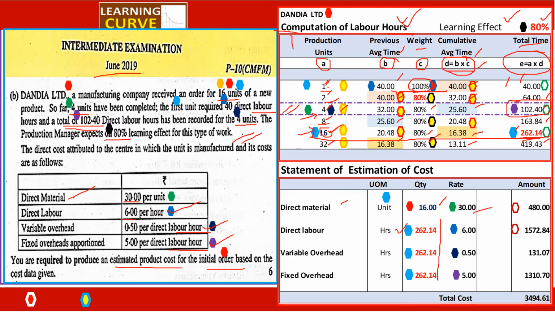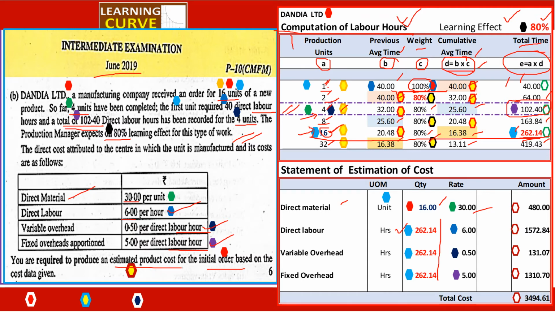16 into 30 is 480, 262.14 into 6 is 1572.84, 262.14 into half is 131.07, 262.14 into 5 is 1310.7, and total cost is 3494.61. This is the process of using learning curve to derive estimated cost.